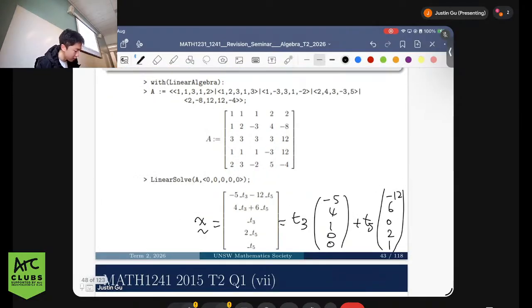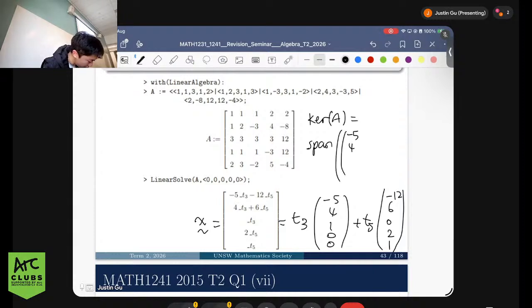As you can see, we took out the T3 and the T5. These two are just coefficients. We can just say that the kernel of A is equal to the span of these two vectors, -5, 4, 1, 0, 0, and -12, 6, 0, 2, 1.